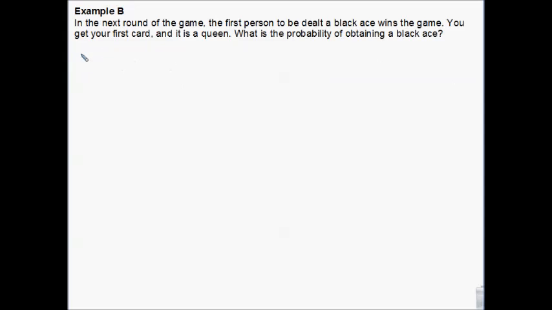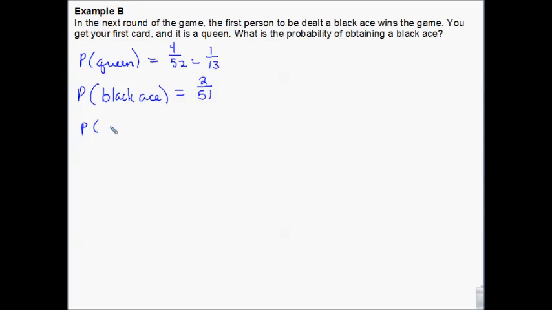The first event was a queen, so the probability of a queen was 4 out of 52, which gave us a 1 in 13 chance of getting that queen, right? We want a black ace now. Two, spades and clubs. So there's 2 black aces, but there's 51 cards left, right? This won't reduce, so we have to leave it like that.